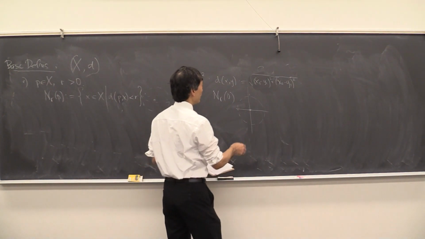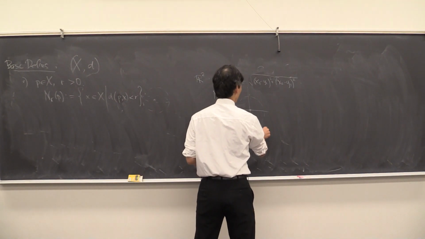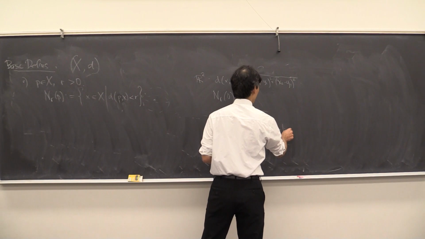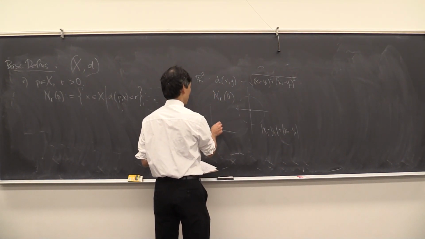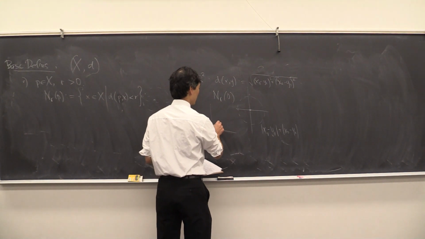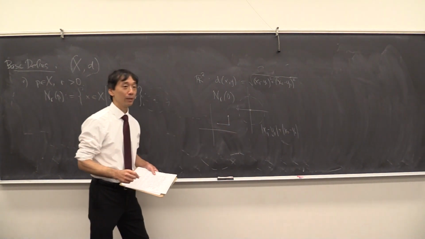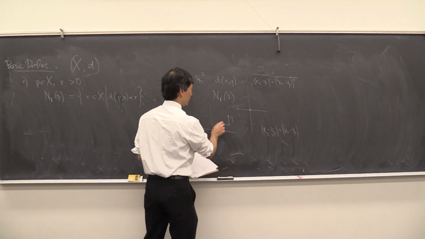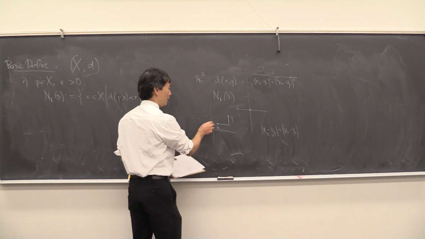Just for amusement, what if I define distance as the absolute value of x1 minus y1 plus the absolute value of x2 minus y2? So you have two points, and the distance is defined as this plus this. If this is point x and this is point y, the distance is this. In that case, what would be the unit ball around the origin?